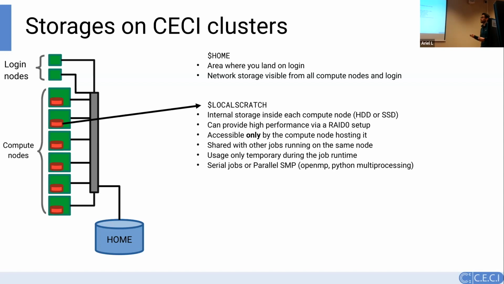You will have to add cp commands to recover the useful data, for instance to your home directory or somewhere else. This area is meant for serial or single-core jobs, or parallel jobs which can run on a single node.